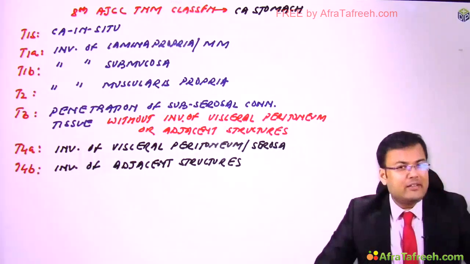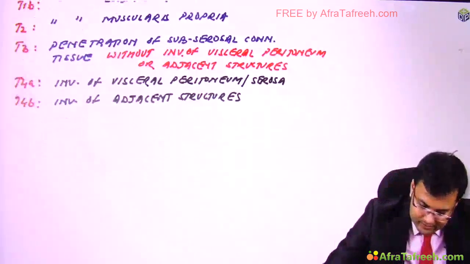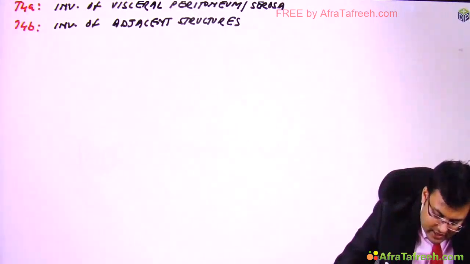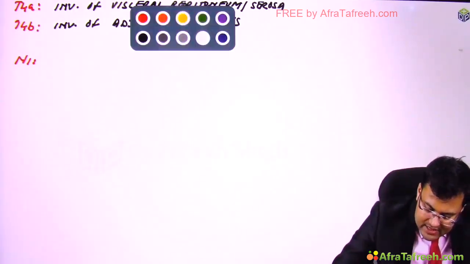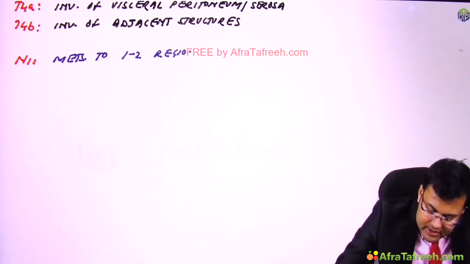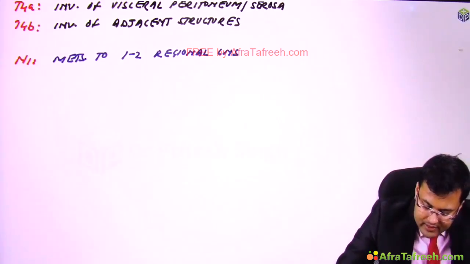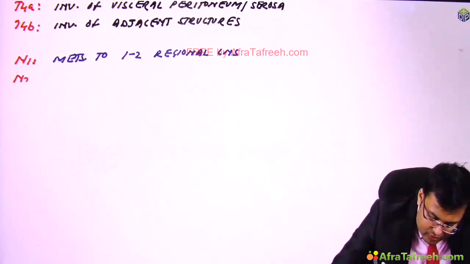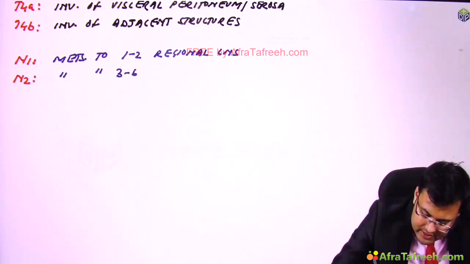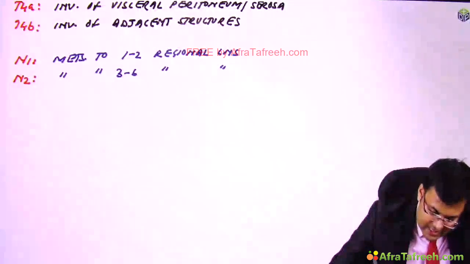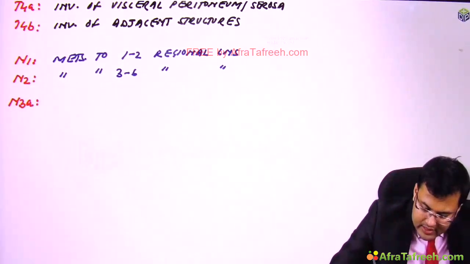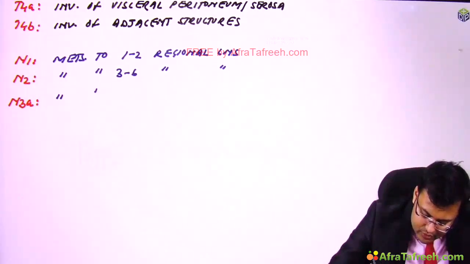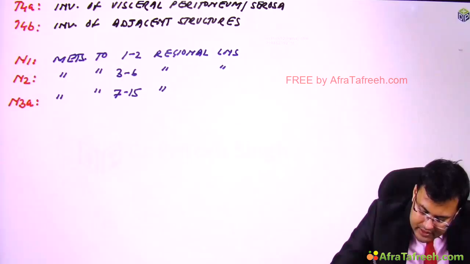So this is T. After that, see the lymph node staging, N. First, what's the N1? Metastasis to 1 to 2 regional lymph nodes. What is N2? In N2, there is metastasis to, be careful, 3 to 6 regional lymph nodes. What's N3a? In N3a, there is metastasis to 7 to 15 regional lymph nodes.